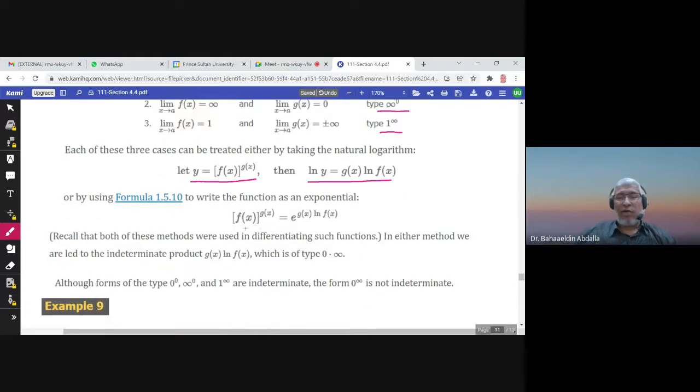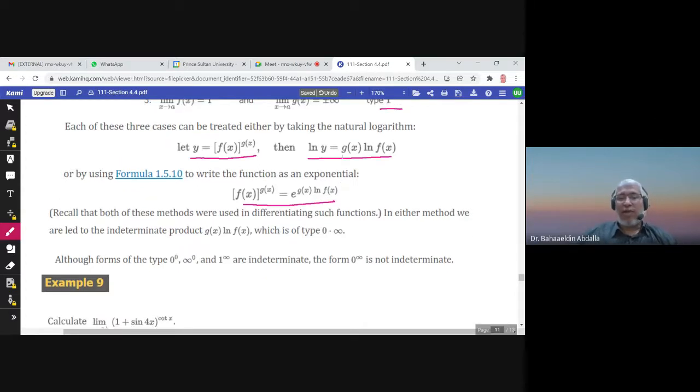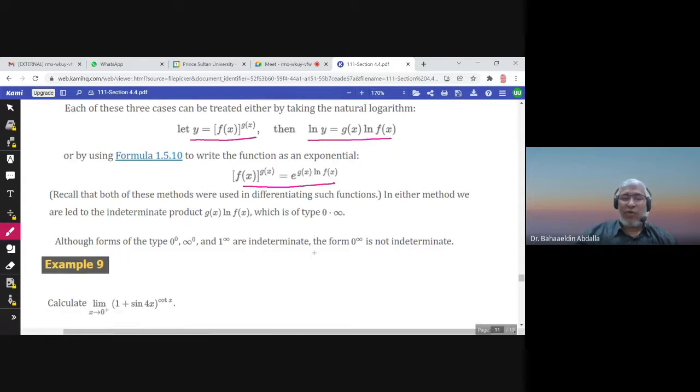There is also another way to deal with it. We write it e to the power ln f of x to the power g of x, and then we bring g of x to the right here in front of ln f of x. Once we do that, we will get type 0 times infinity, and then we can change it to infinity over infinity or 0 over 0, and we use L'Hopital's rule.